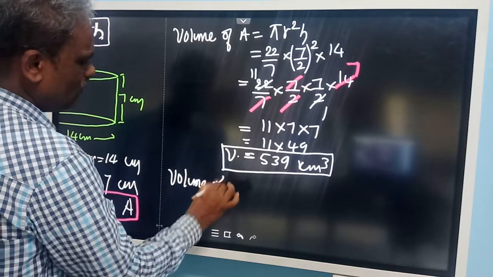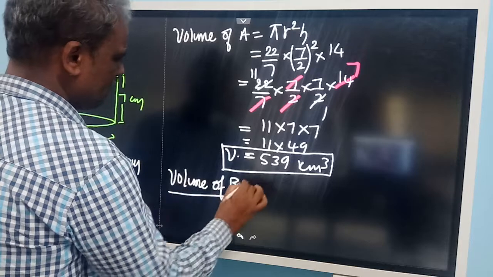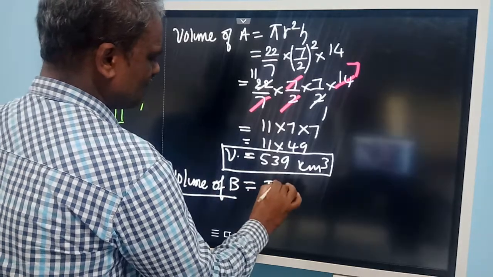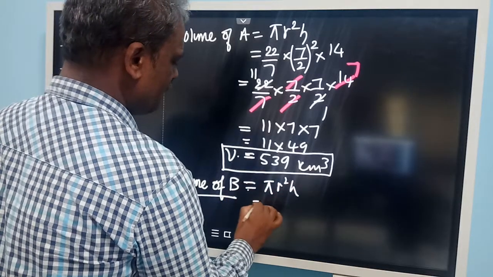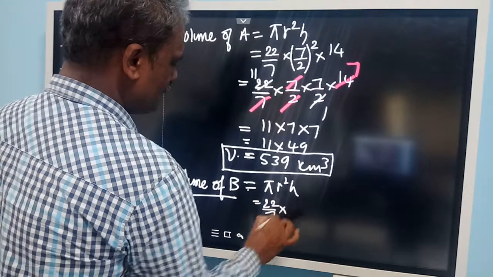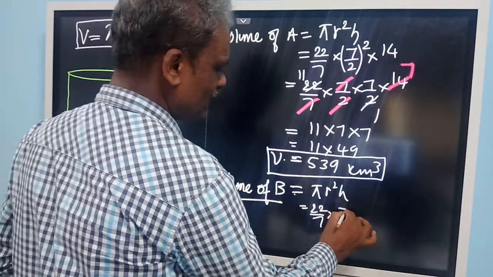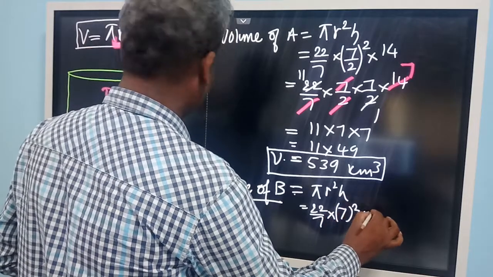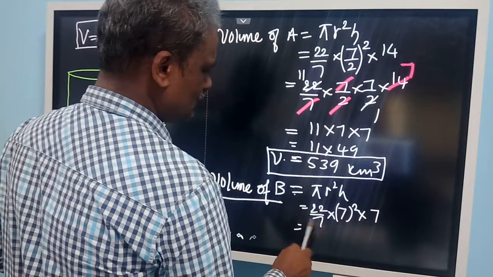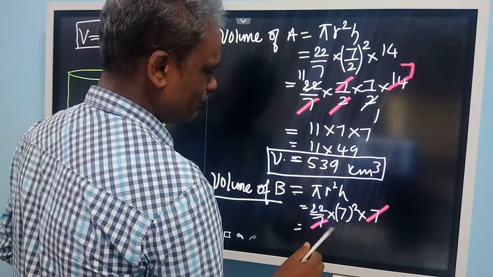Now let us find out the volume of B. That is equal to pi r square h again. Pi value 22 by 7. Radius of the second one is 14 divided by 2, 7 square, into height 7. Now you can cancel this 7 and 7.